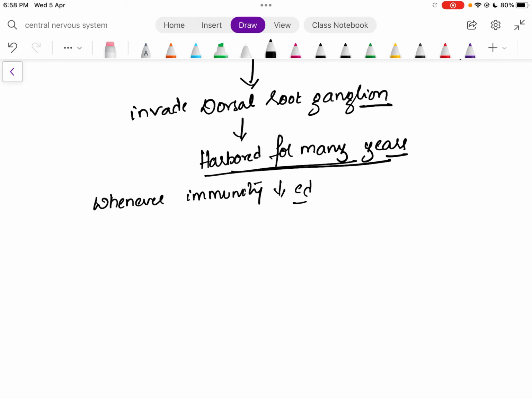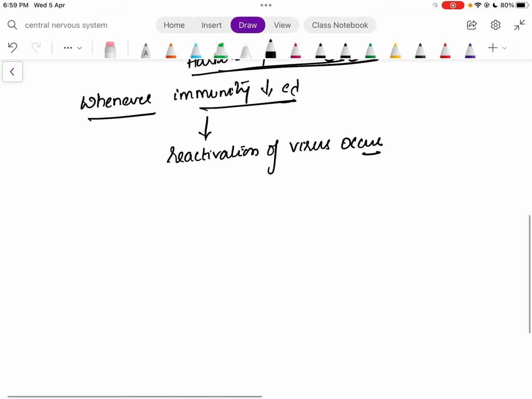During this harboring stage, they won't cause any disease. But whenever immunity is decreased, then reactivation of the virus will occur.